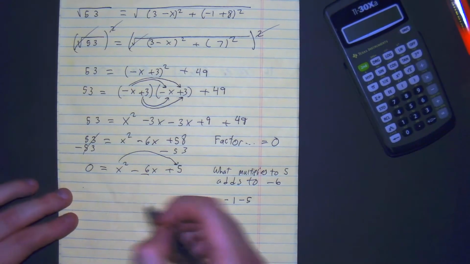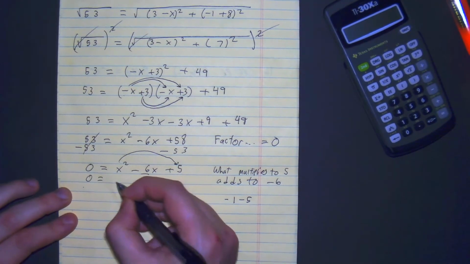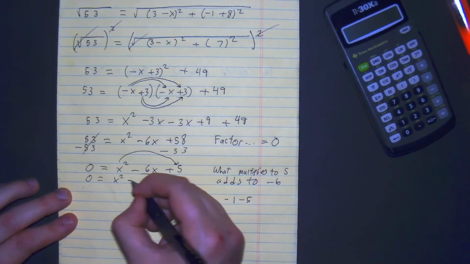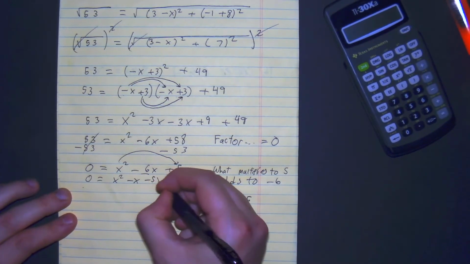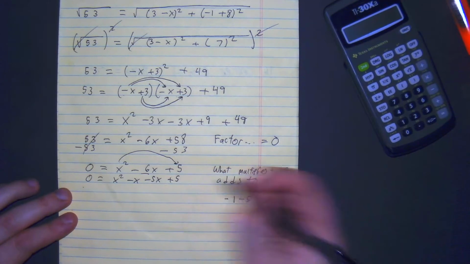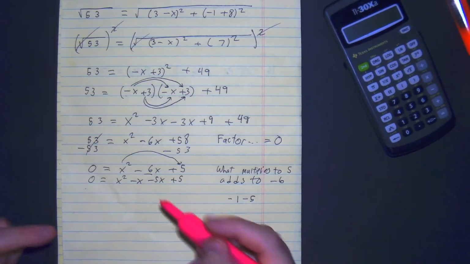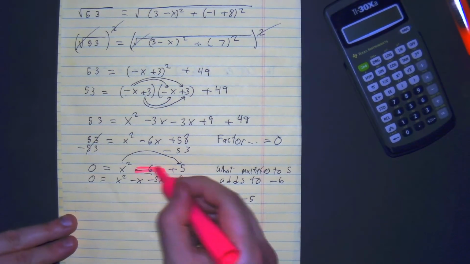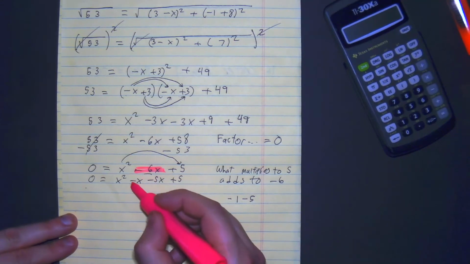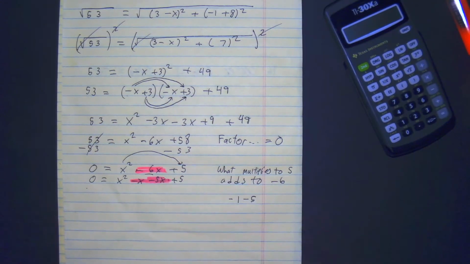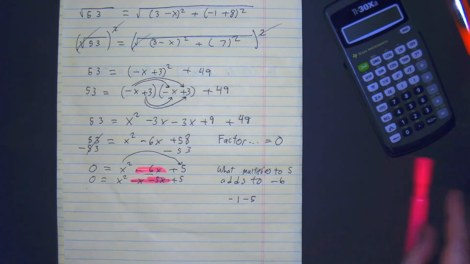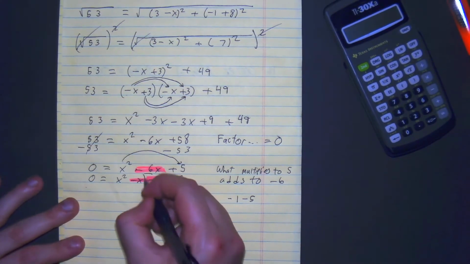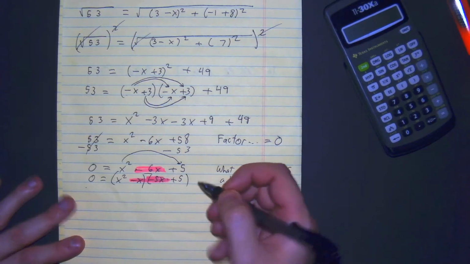I'm going to use a little bit of a convoluted way of doing this: grouping. So 0 is equal to x squared minus x minus 5x plus 5. If you don't really know your factoring well enough, I'm using the grouping method. I made that negative 6x into negative x and negative 5x. From here, I'm going to group these and then group these.